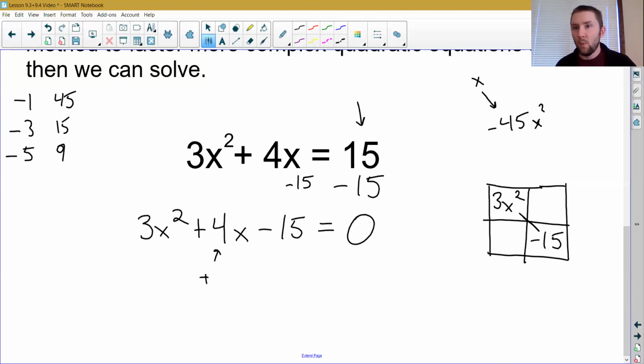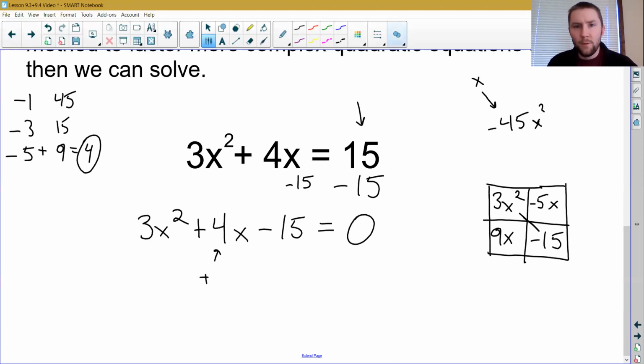Oh, and that's exactly what I want, right? So negative 5 plus 9 gives me 4. Negative 5 times 9 would give me my negative 45. So I now know the two numbers that need to go in the other two boxes of my window. So this becomes negative 5 with an x, and this one becomes 9 with an x, okay?